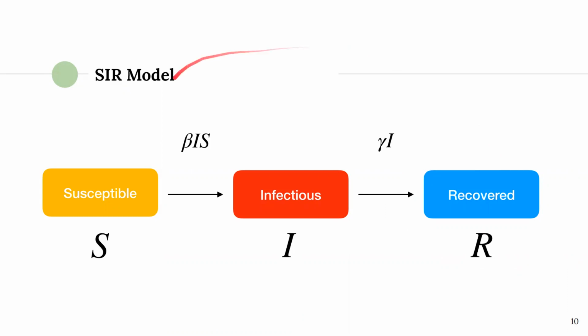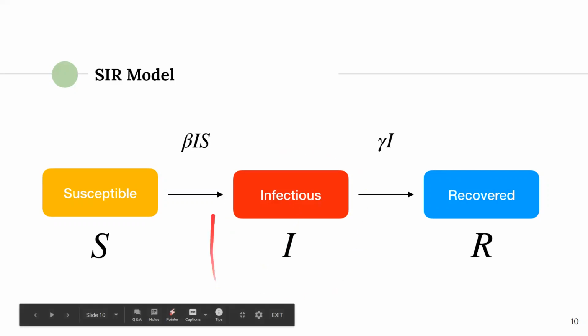So again, there's three groups of people. There's the susceptible people who are at danger of getting the virus, so they don't have any immunity or anything. If you haven't gotten COVID-19, then that's you and me and most of the people here. That's anyone who hasn't already gotten the virus. Then you have the infectious people who got infected with the virus and they're currently spreading the virus and moving around.